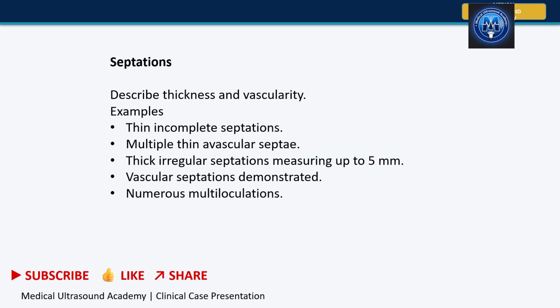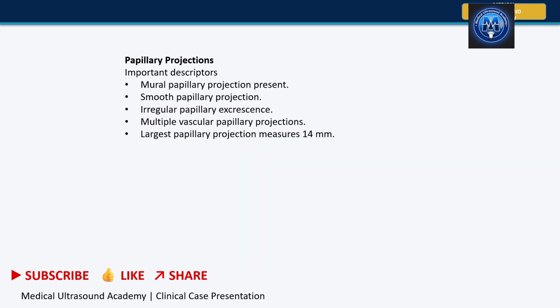The septations. Describe thickness and vascularity. Examples: thin incomplete septations, multiple thin avascular septae, thick irregular septations measuring up to 5 mm, vascular septations demonstrated, numerous multiple loculations. Papillary projections.